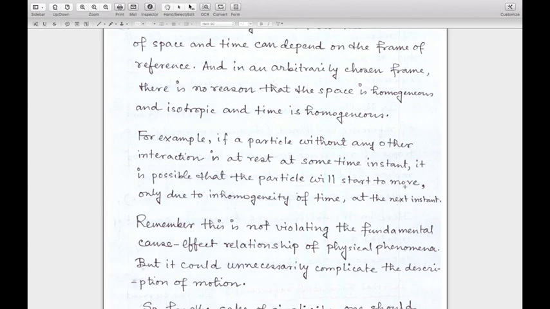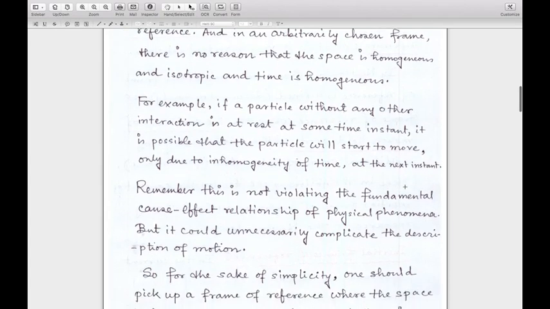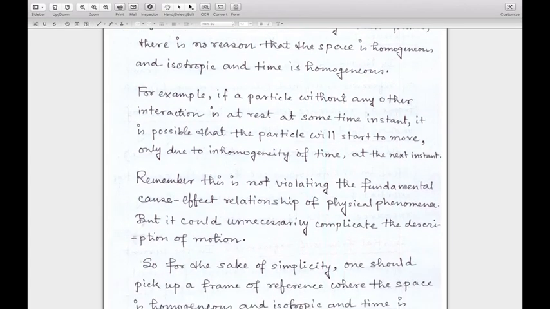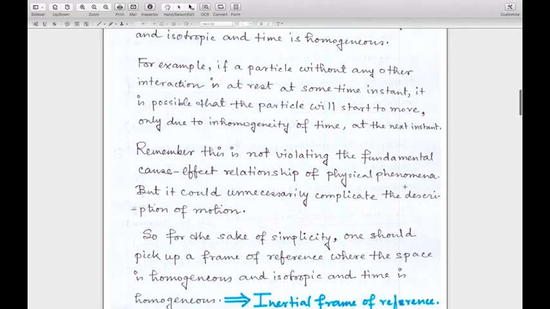Although we cannot see any direct agent or any direct interaction which makes the particle move, right? Of course, we can say there is nothing problematic here because this is not violating the fundamental cause-effect relationship of physical phenomena. We can say that we cannot see anything, but the cause is the time property itself, right? So there is a cause, there is an effect, there is no problem.